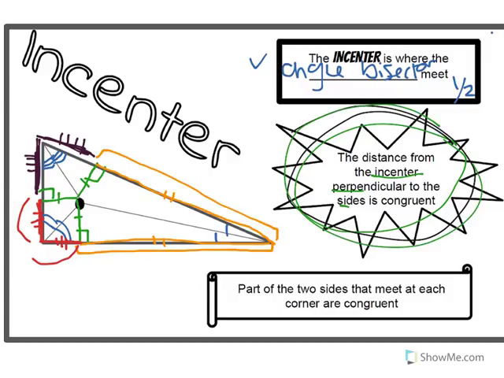And then each of the sides from the angles, you have a set that is congruent: the orange set, the red set, and this purple set. So that allows us to figure out which parts of the triangle are congruent based on having an incenter.